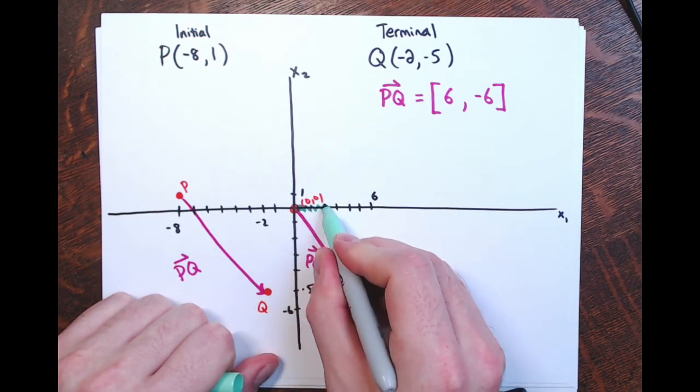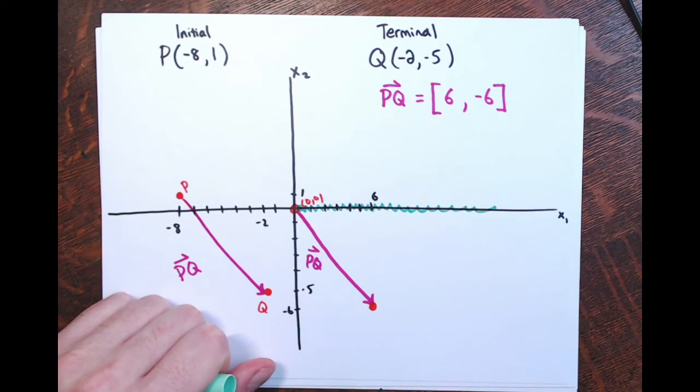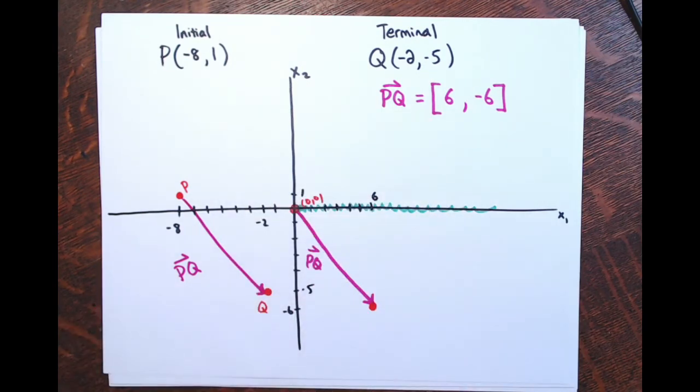So here's the positive x-axis. I'll make it a little jaggedy like that. There's the positive x-axis. Now they would like that angle as a positive measure, and hopefully you recall from trigonometry class or pre-calculus that an angle is a positive measure if you are going counterclockwise.